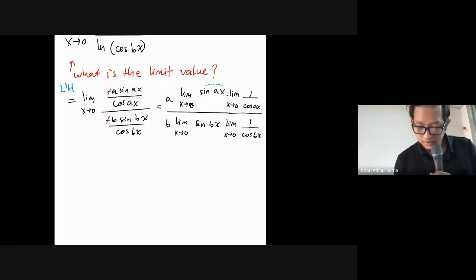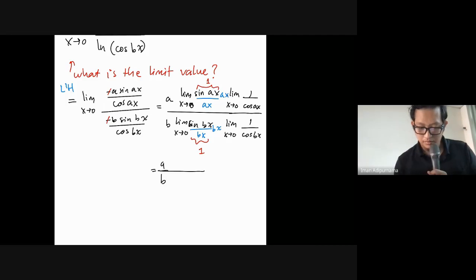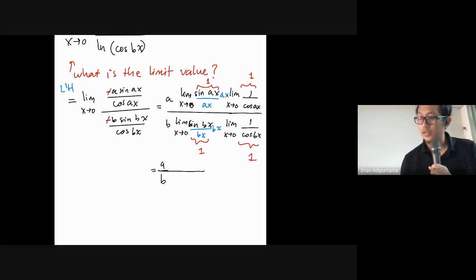Now let's multiply this with ax and ax, and bx also the same. Resulting, this part will be 1. This also 1. So I will have a, b, and this also 1, this also 1, right?